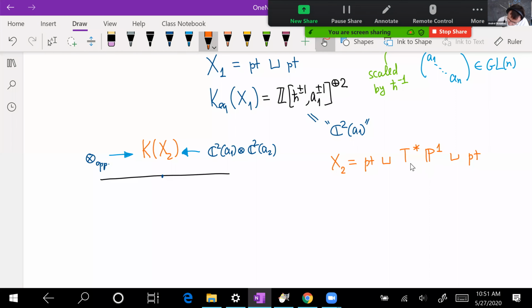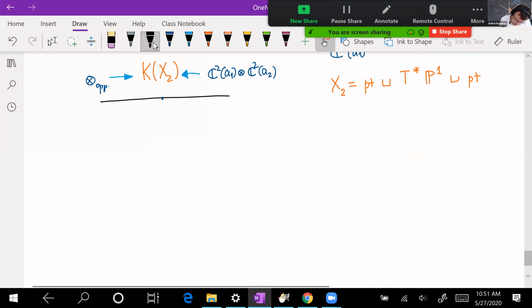There's not much we can do about the point, but we can think about T*P^1. So we have this base P^1, with points 0 and infinity, and an action of my torus.